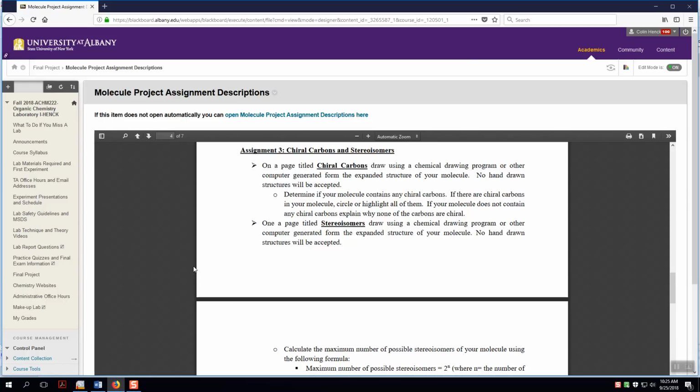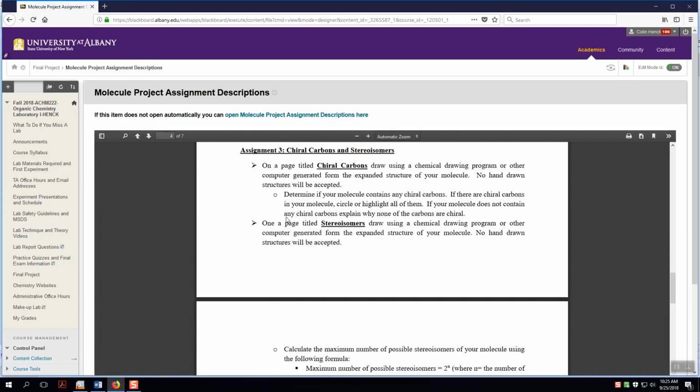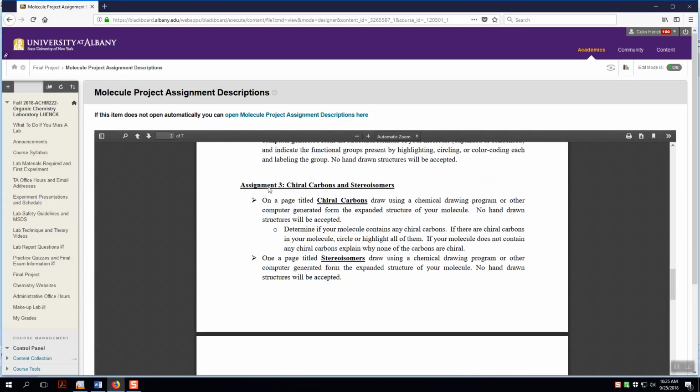Now what I want to do is open up Blackboard, click on Final Project, and Molecule Assignment and Descriptions. Mine happened to open because I just had it open to Assignment 3, but you want to scroll down to Assignment 3. And Assignment 3 is about chiral carbons and stereoisomers. There are essentially 2 types of stereoisomers that you're going to want to focus on here.